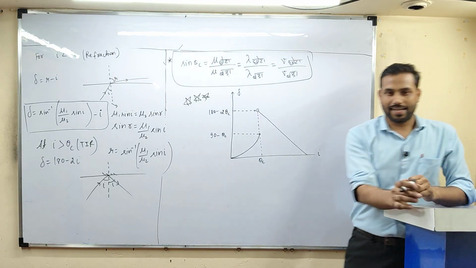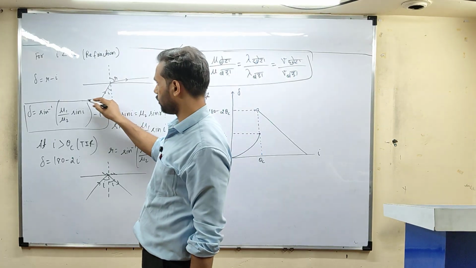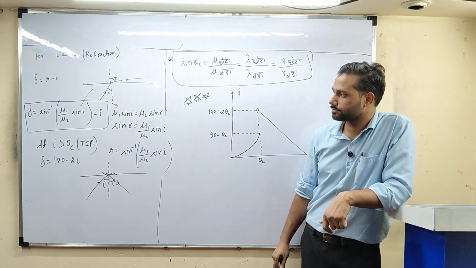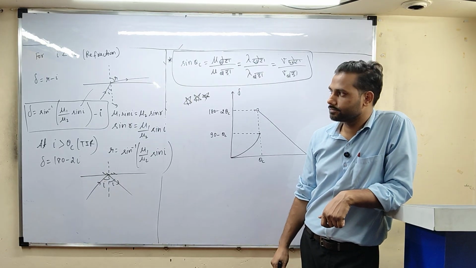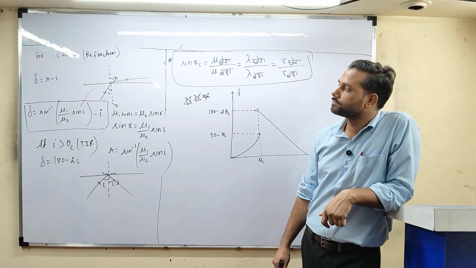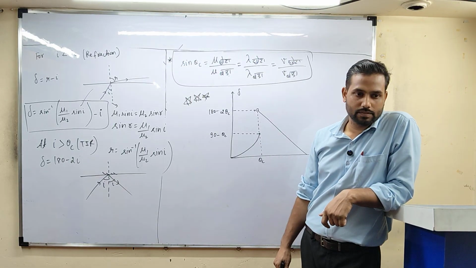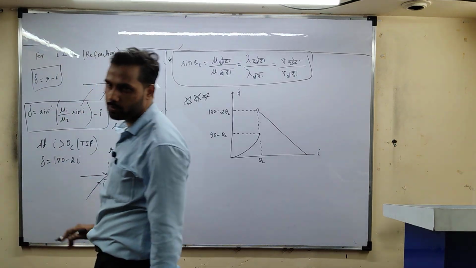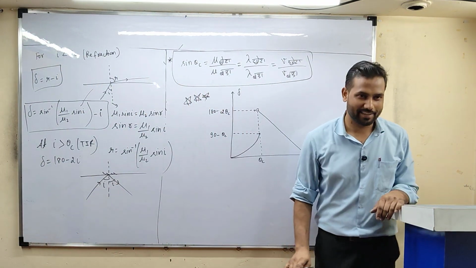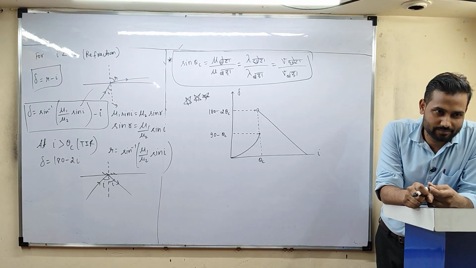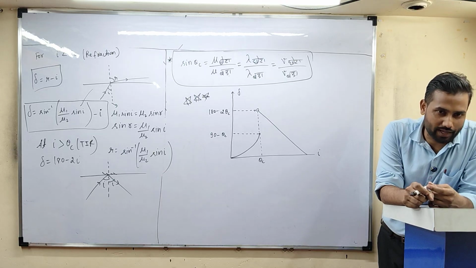In some question they might ask this formula directly. We have already studied this one. Deviation is equal to r minus I. It's I, it's not 1. That means the bigger angle minus small angle.